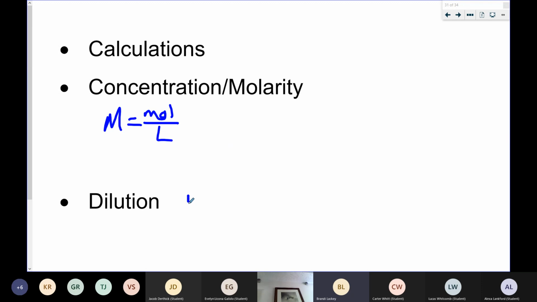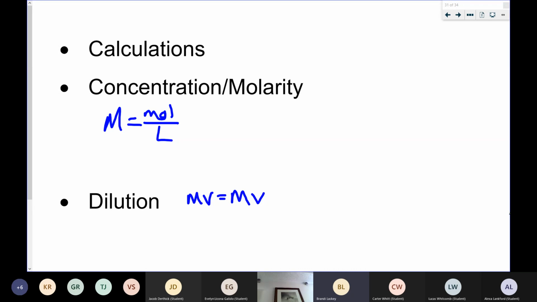So remember, dilution is that M1V1 equals M2V2. So that beginning molarity times volume is equal to the final molarity times volume. Because remember, in dilutions, we're not changing the number of moles. We're just adding water to it, which is changing the volume and effectively changing the molarity.